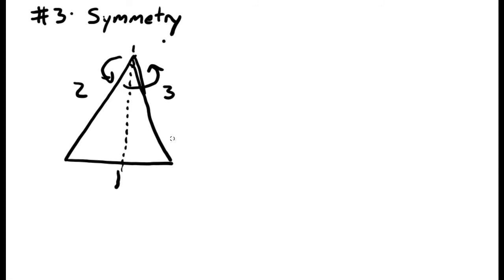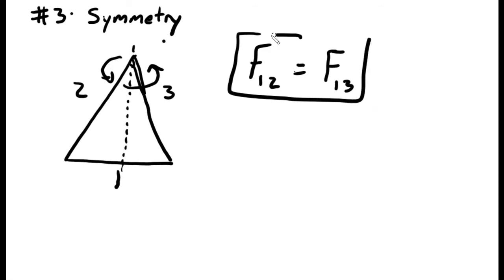And remember, view factors depend on geometry. So because of that, we can invoke a symmetry rule and say that the view factor from 1 to 2 must be the same as the view factor from 1 to 3.